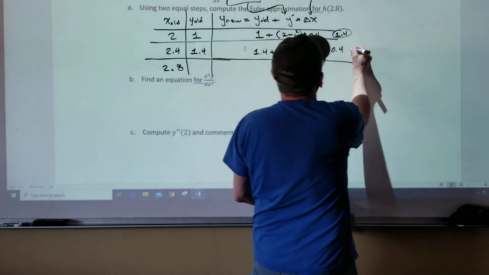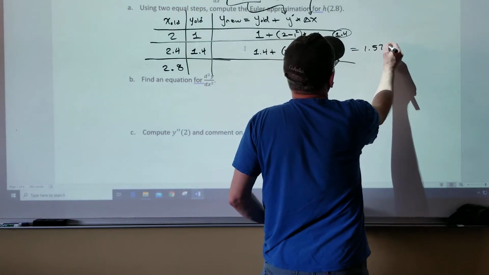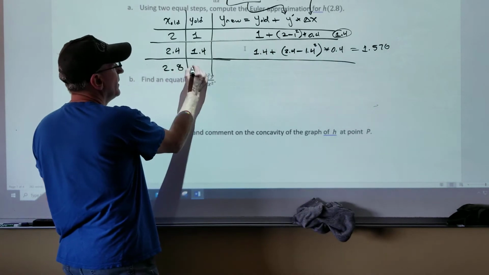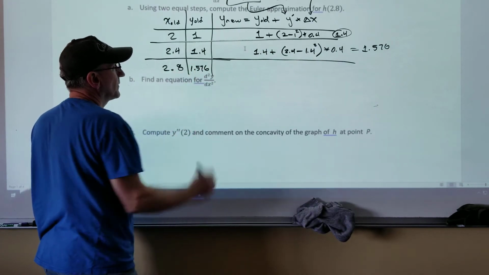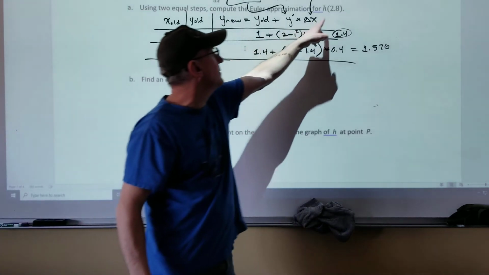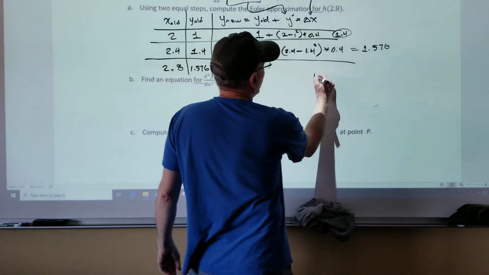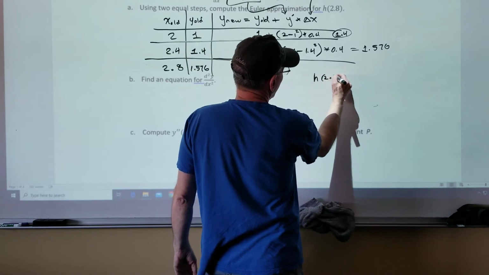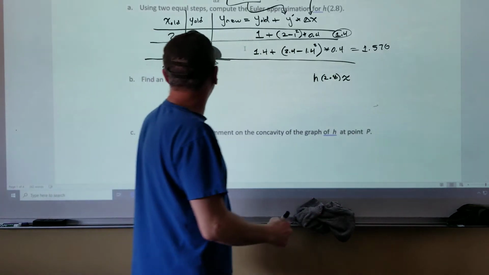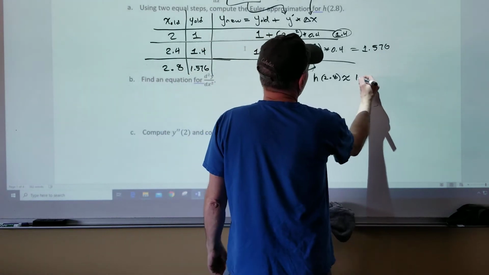This comes out to 1.576, and that is a new y that goes with 2.8. And we're going to go ahead and say that's the goal. The goal is to figure out an approximation for h of 2.8. h of 2.8 is approximately 1.576.